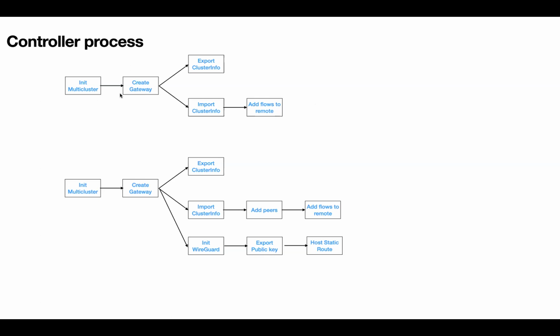After one cluster was added to a ClusterSet, we need to create a gateway to enable cross-cluster traffic. Create gateway means we just annotate a node as a gateway. Once a gateway was created, the controller will do two things. The first one, the controller will export the local cluster info to other clusters, and then it will import other cluster infos and add flows to the remote gateway.